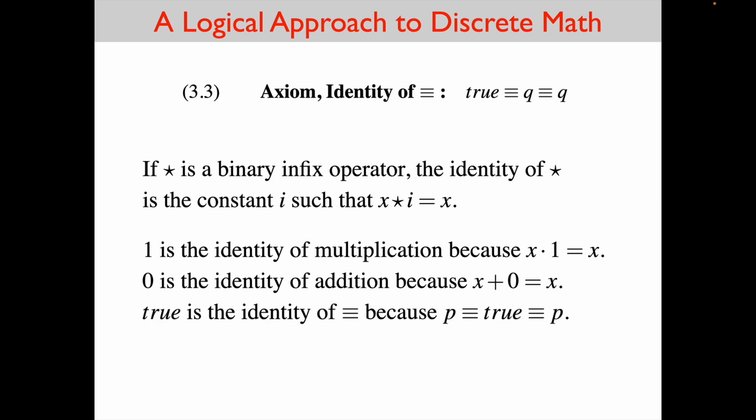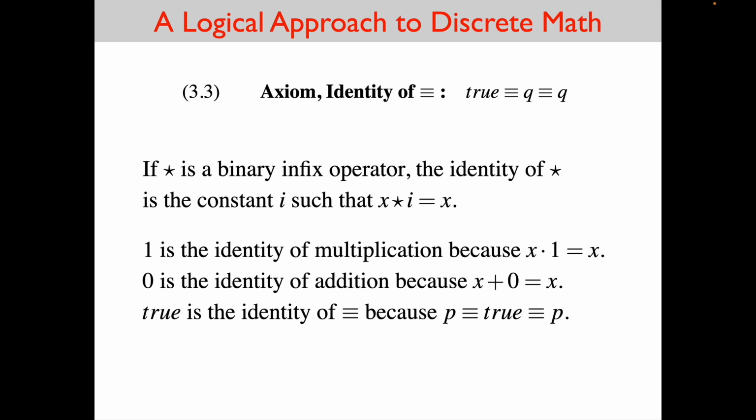Now why is that? True is the identity of equivalence because P equals true equals P. So notice here that P is a variable, true is the constant, and the binary infix operator is equivalence. So P equals true equals P.